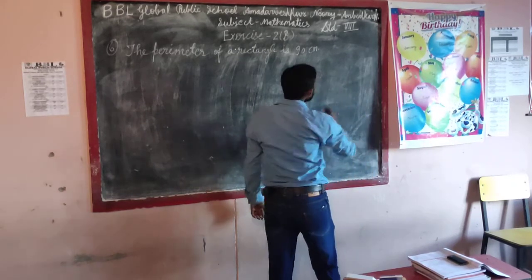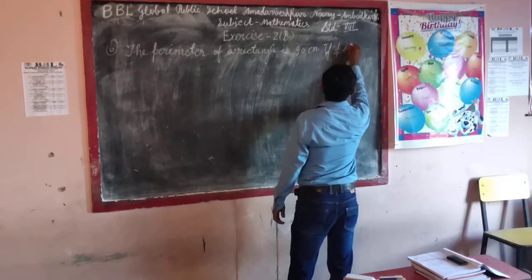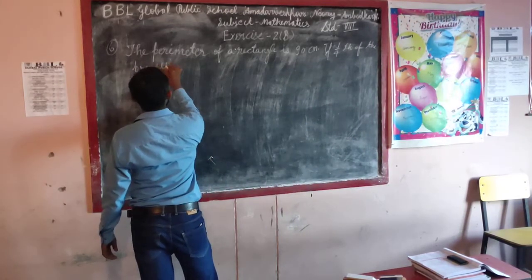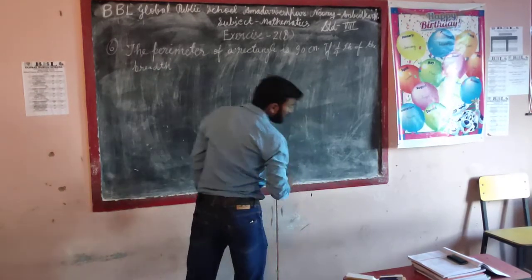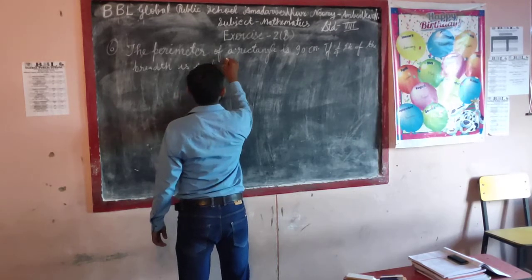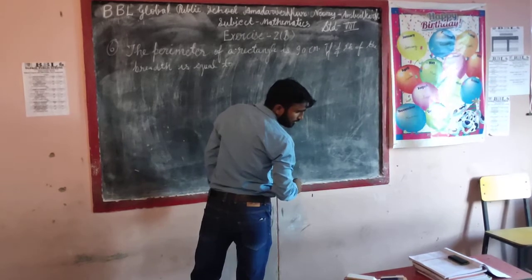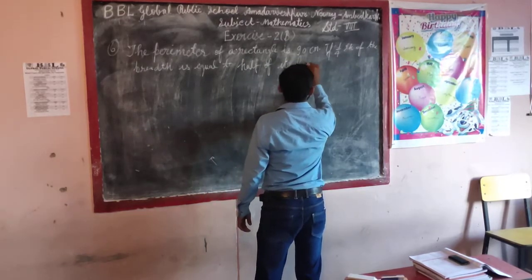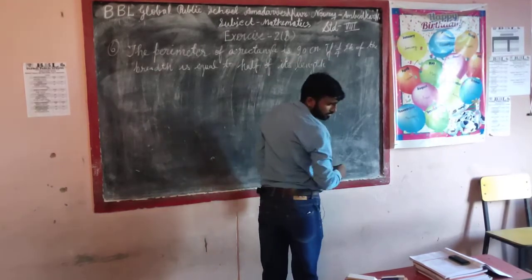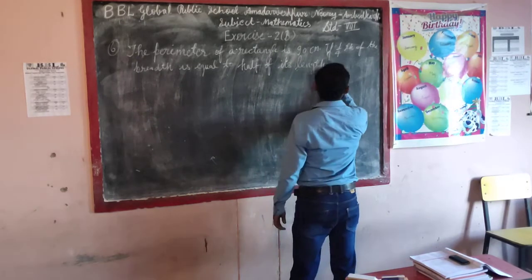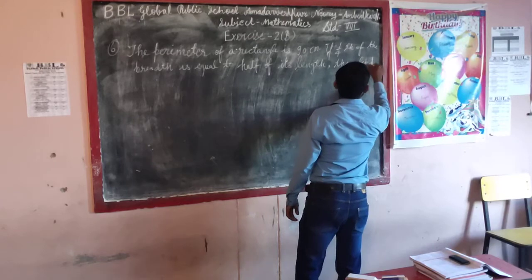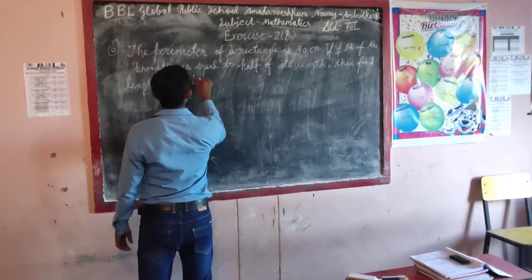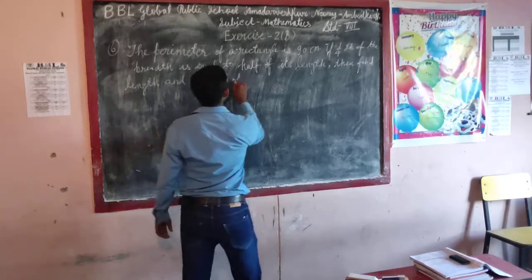If 1/4 of the breadth is equal to half of its length, then find the length and breadth of the rectangle.